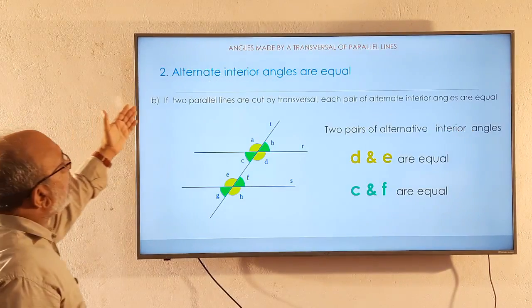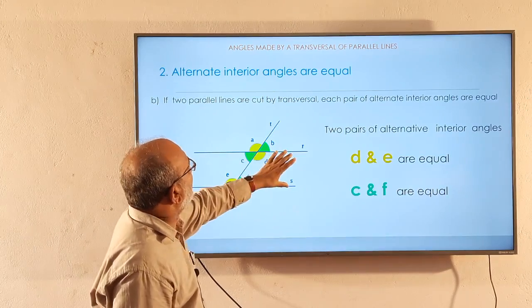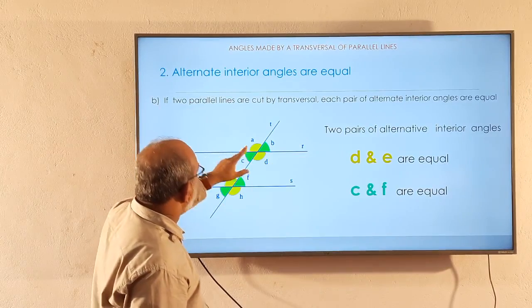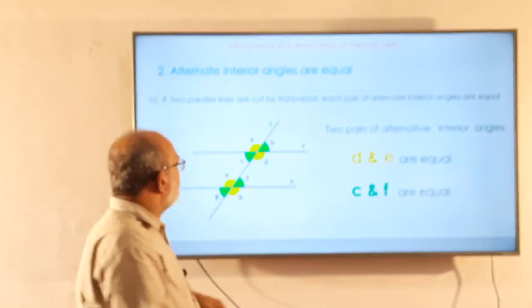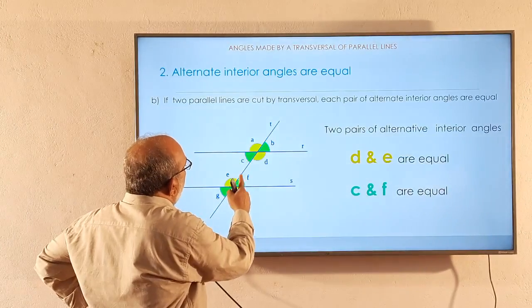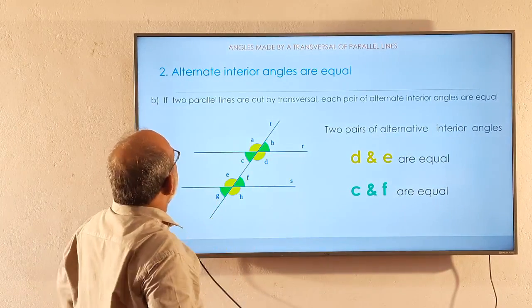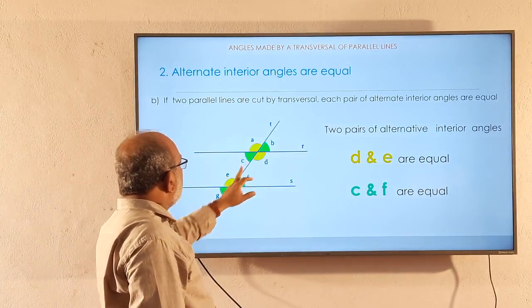Alternate interior angles are equal if these two lines are parallel. For alternate interior, it should be interior and alternate. Alternate means the opposite sides of the transversal. So this is interior, on opposite sides of the transversal. So alternate, this yellow and this yellow.